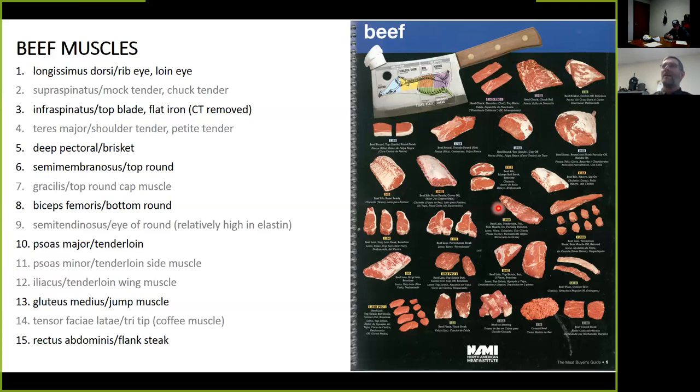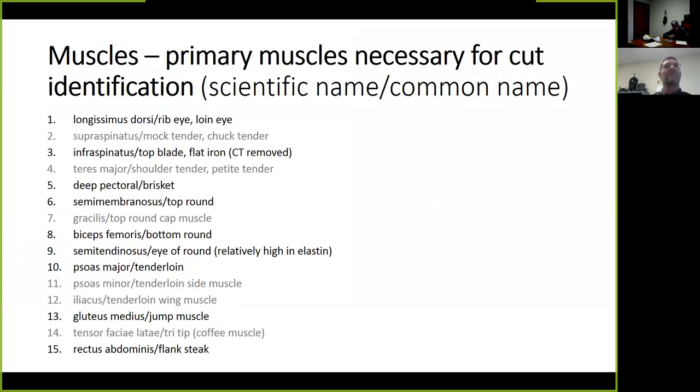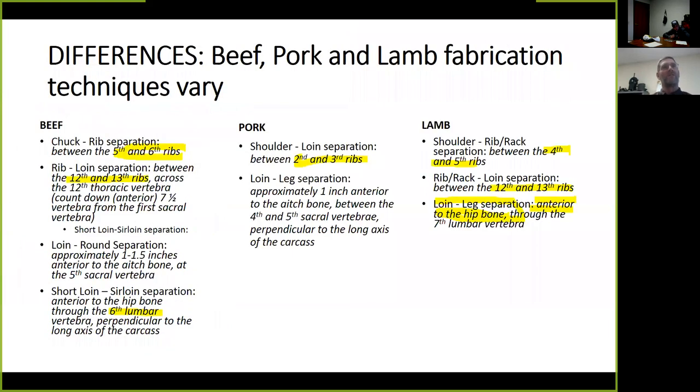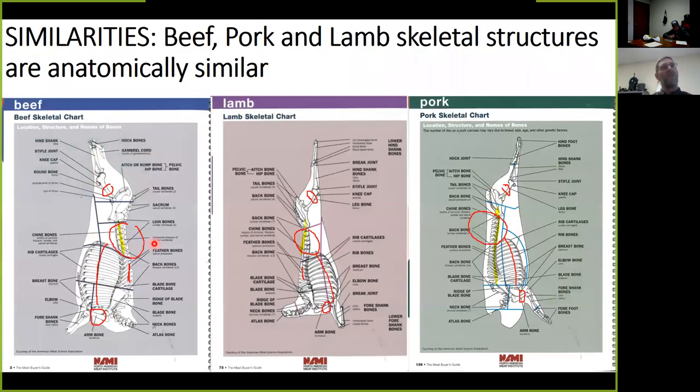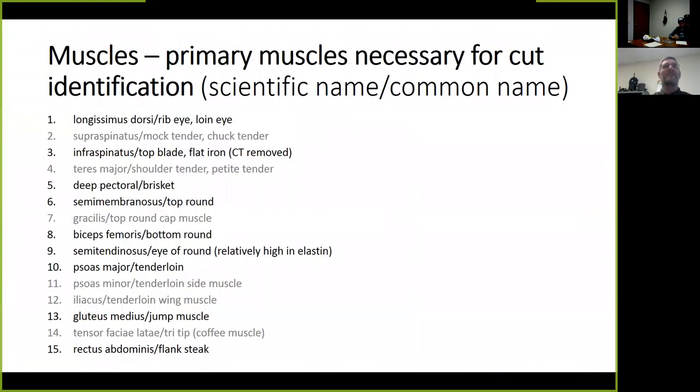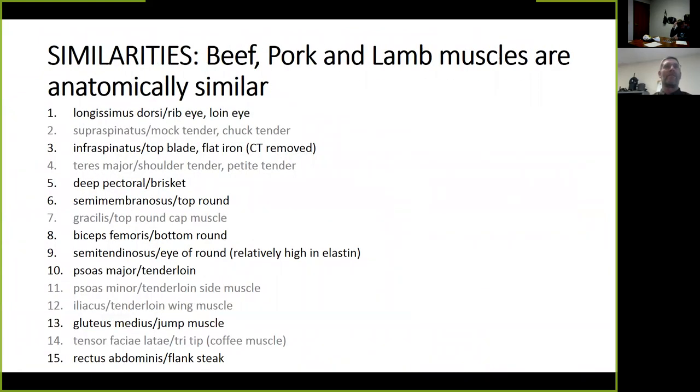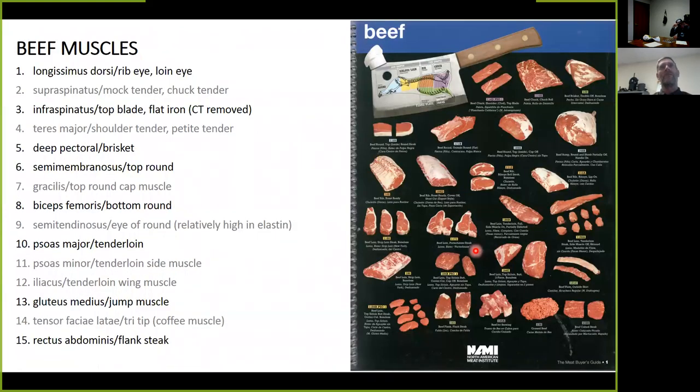Now, if we go way back to the slide with the skeletal structure, and think about cutting through this loin this way, we're going to cut through the longissimus muscle. We're going to cut through the tenderloin. If we go back and look at that steak, that's this steak.